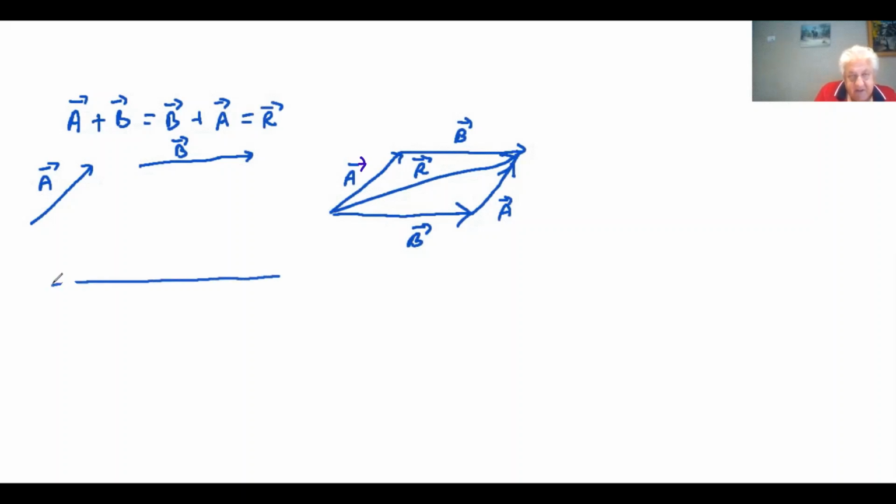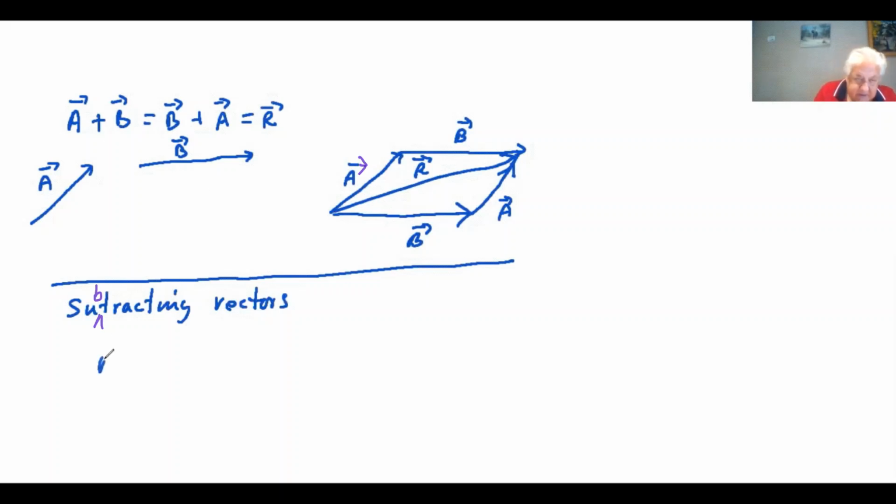Now subtracting vectors, let me take the same two vectors A and B, but this time I subtract B from A. And as I say, the best way to think of subtracting vectors is the addition of the negative of the second vector. The negative means the magnitude stays the same, but the direction is in the opposite direction.